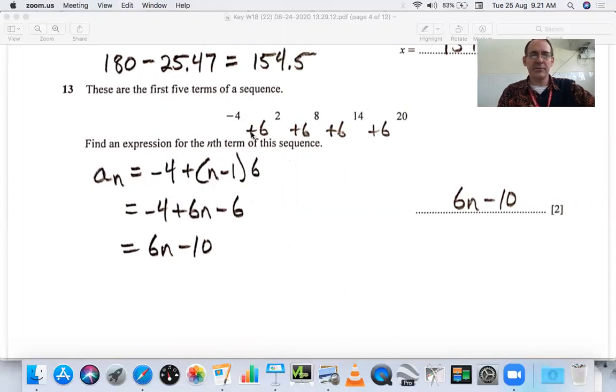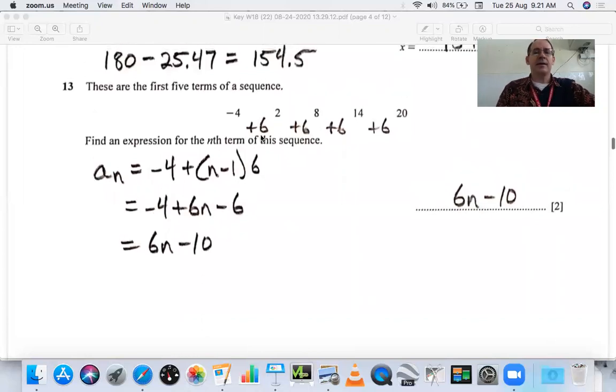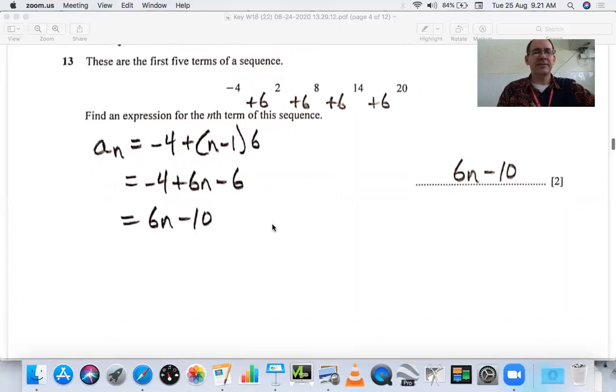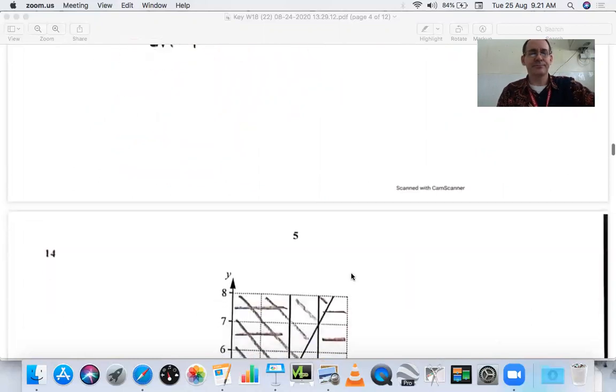The difference can either be positive or negative, because this is an arithmetic sequence, and so your difference is +6. If it were a minus, make sure you're multiplying by -6. This is increasing by 6. You just distribute the 6, simplify. So your nth term has the formula 6n minus 10.